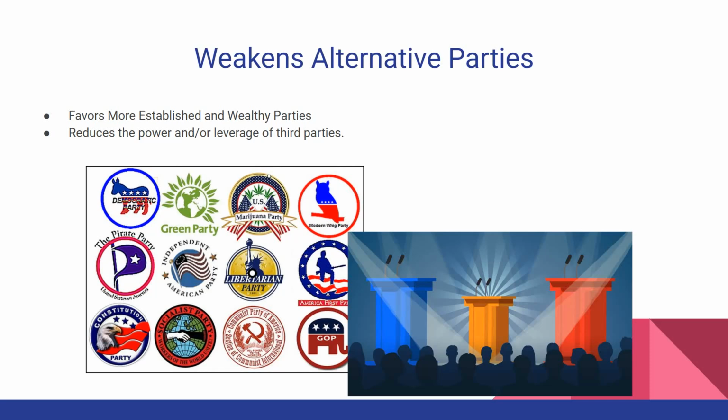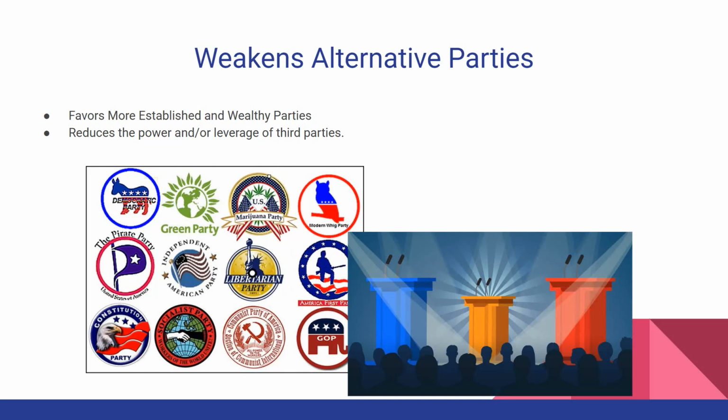And the only way for a third party candidate to win in a top 2 primary is if either the Democrat or Republican candidates' voter base is completely split, or maybe one of the major party candidates decides to coalesce around a third party candidate instead. Those are really the only ways a third party candidate could get into the top 2, if the 2 major parties' voter base is completely split and fragmented, or if another major party candidate coalesces around a third party candidate. But overall, top 2 primaries weaken and hurt third parties.